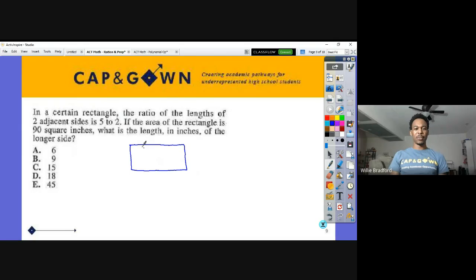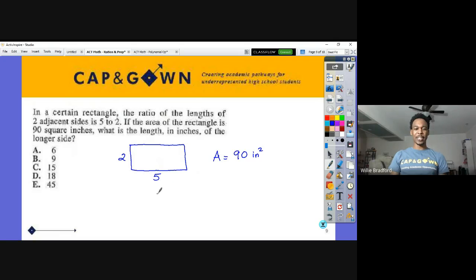I have a rectangle. My longer side is 5, and this side is 2. And if the area of the rectangle is 90 square inches, so this area has to be 90 square inches, what is the length in inches of the longer side?